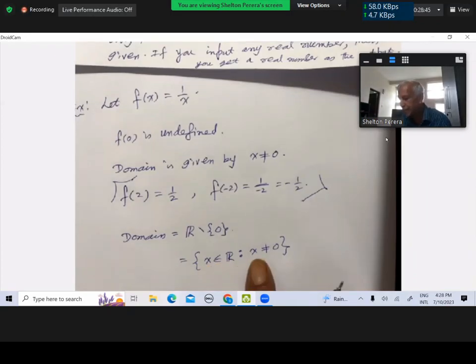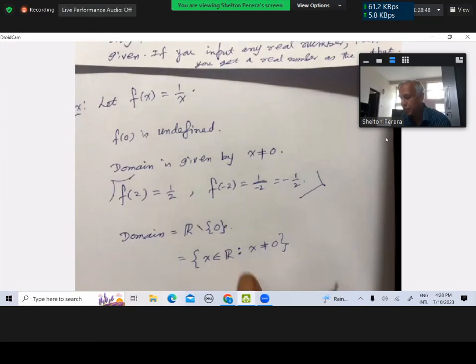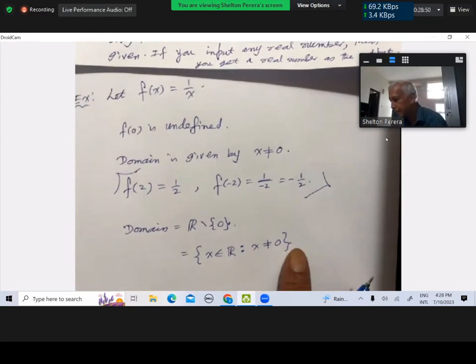Now we are saying x is a real number such that, the vertical bar here indicates the conditions that are imposed on the variable x. x belongs to R, x not equal to 0 is the same. Or take all real numbers that are not equal to 0. So positive as well as negative. Positive real numbers and negative real numbers, both are fine. But if you input 0, you are getting into trouble.